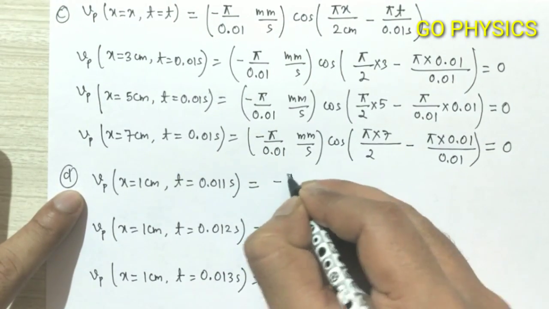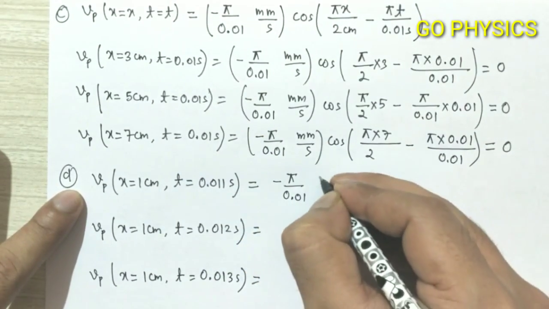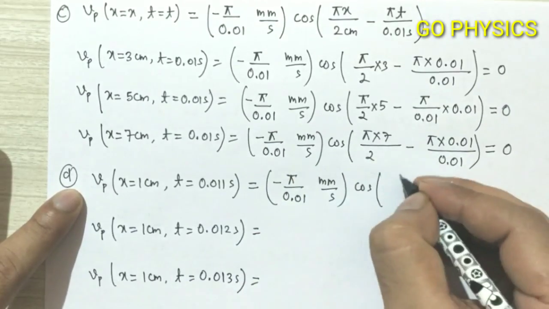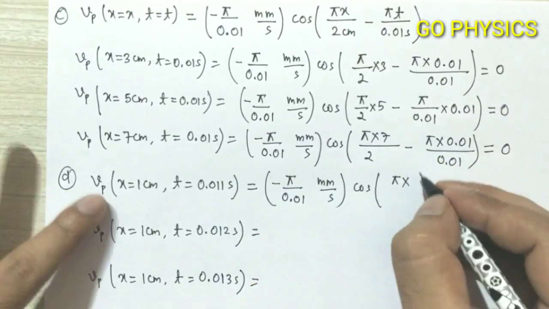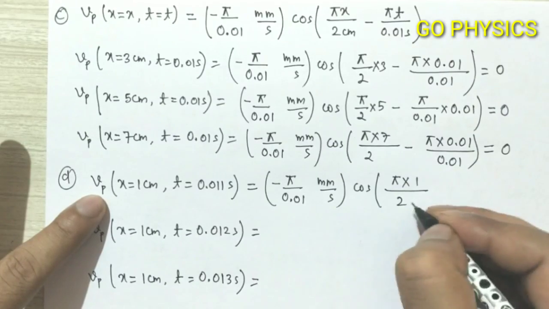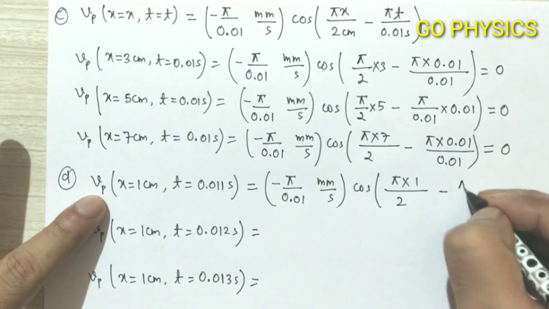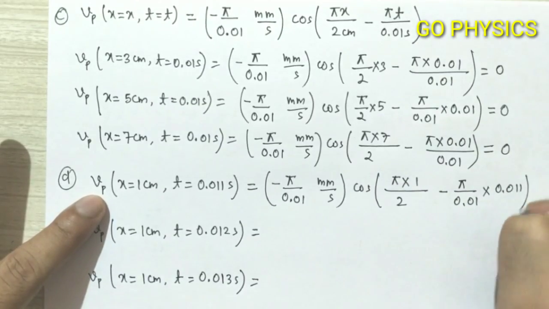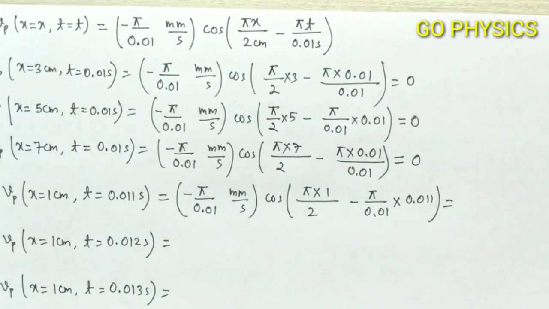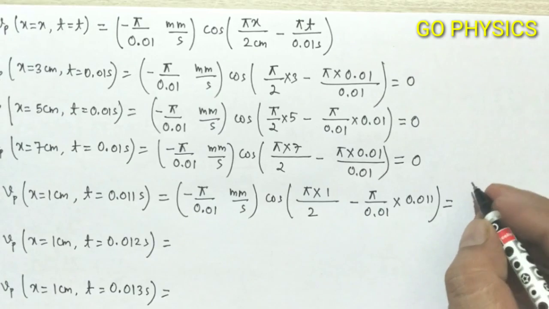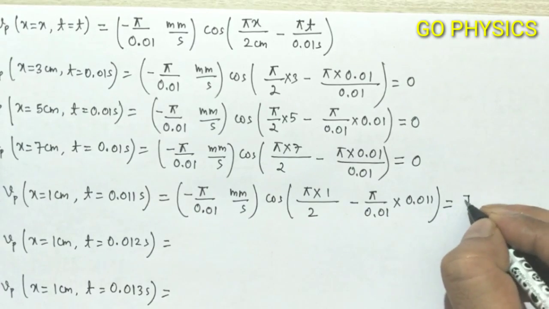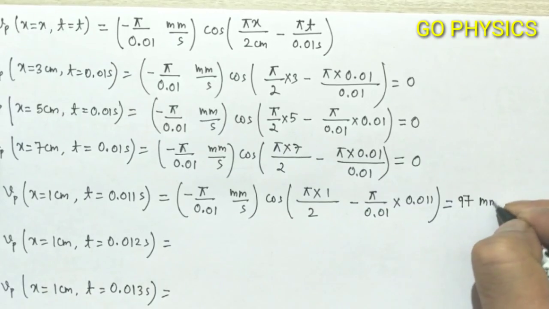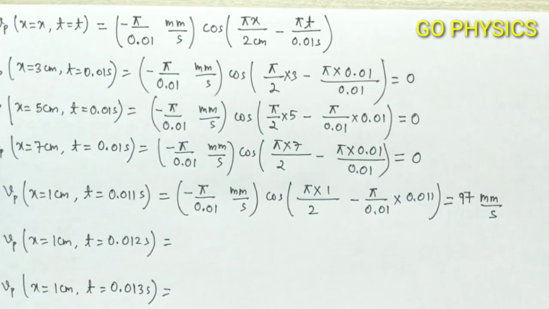It will become minus pi by 0.01 millimeter per second cos pi into x, 1 centimeter divided by 2, minus pi by 0.01 into 0.011. Now if we simplify this, it will come out 97 millimeter per second.